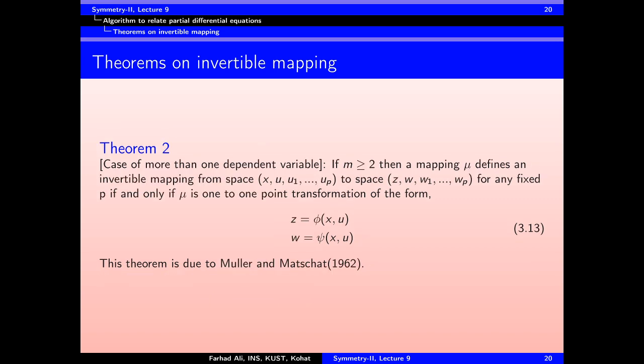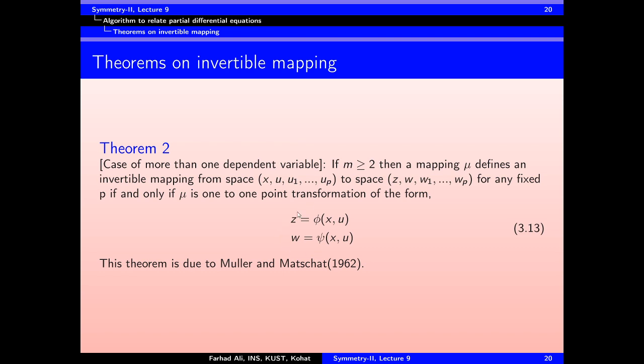Theorem 2. When we have more dependent variables, not one dependent variable, in that case our mapping will become this one. Z is a phi of x, u and w is a psi of x, u. This is a mapping only in the coordinates, not in the derivatives.